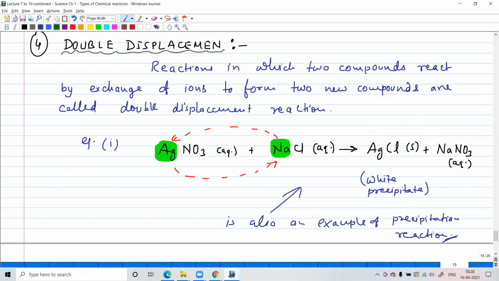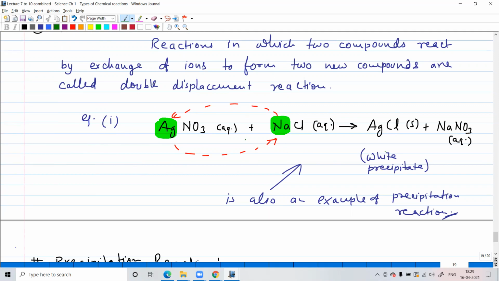And wherever in some reaction a precipitate is formed, then it becomes an example of a precipitation reaction as well. Okay. So this is a double displacement reaction also, and a precipitation reaction also. Double displacement because silver is displacing sodium, and sodium is displacing silver. So both of them are displacing each other.